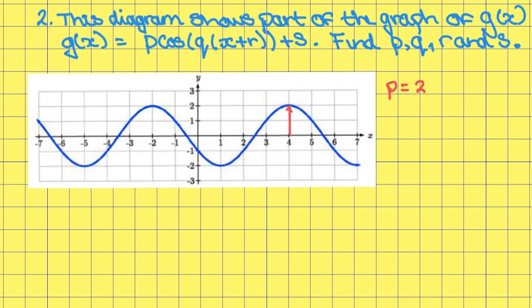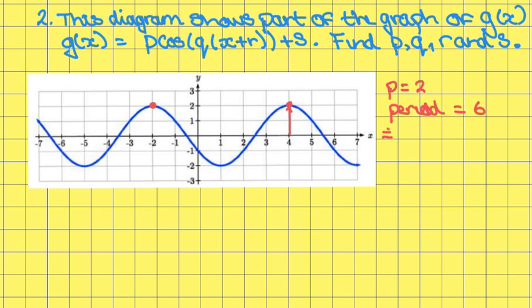Now we need to find q, which is related to the period. If we take 2 points on the graph that are the same, so we've got a maximum at minus 2 and a maximum at 4, we know that the period is equal to 6.